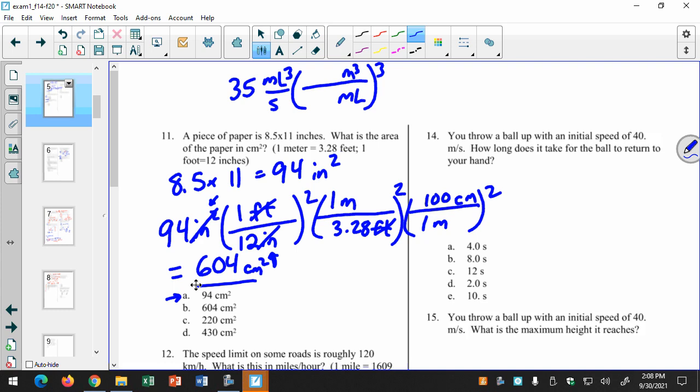Milliliters per, what's another measure of volume? Ounce. I would need to cube just that conversion factor, but when I'm converting seconds to hours, I don't cube that conversion factor because seconds isn't cubed here. All right?